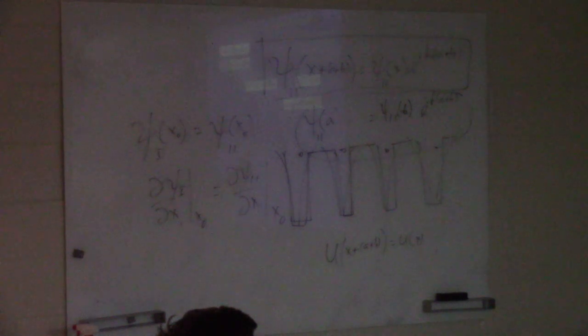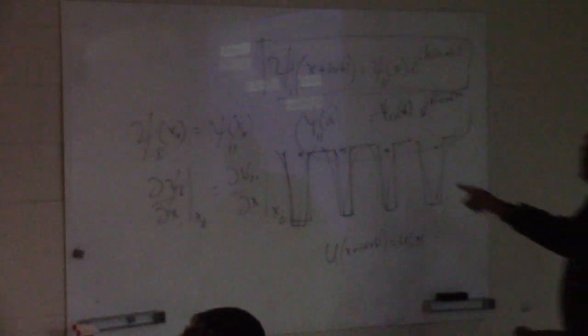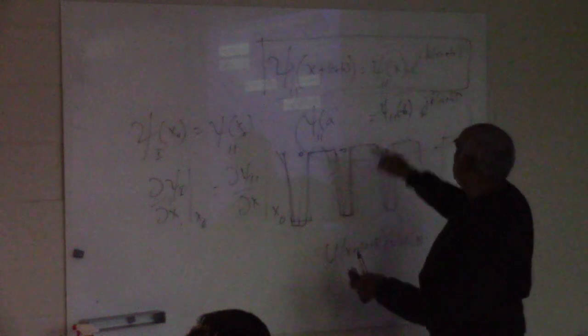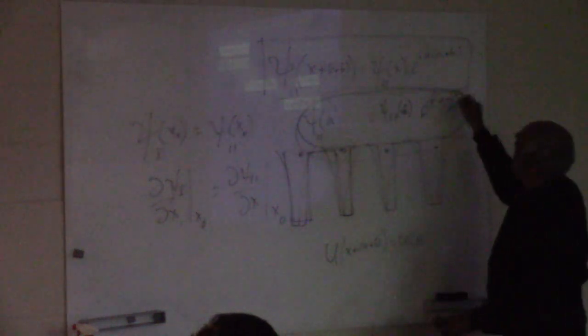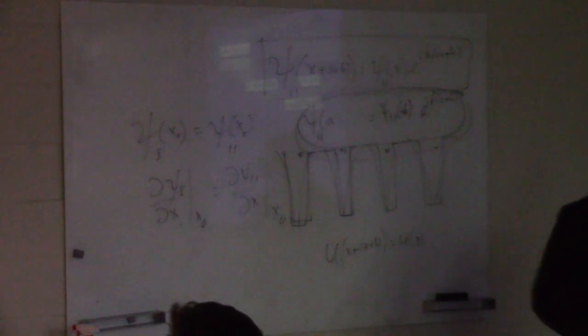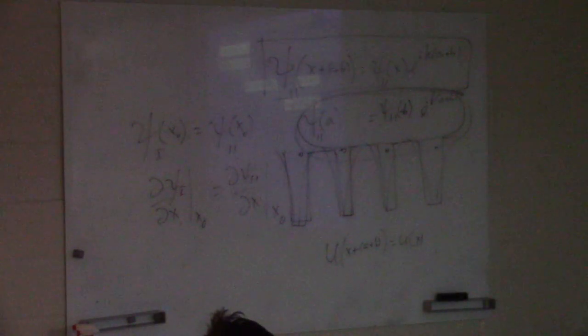We know that one should be equal to psi 2 at a, but psi 2 at a you can get from this equation. Psi 2 at a is basically this psi 2 at minus b times e^{ik}. Think about that.